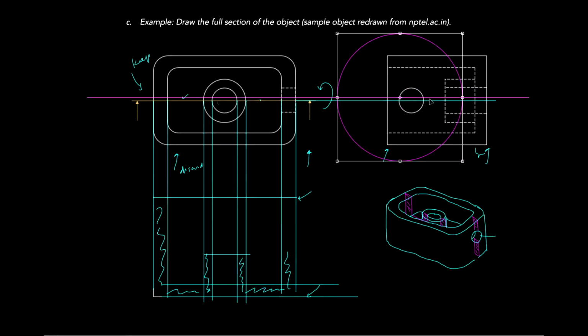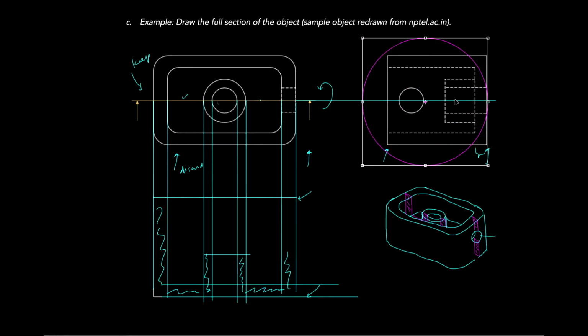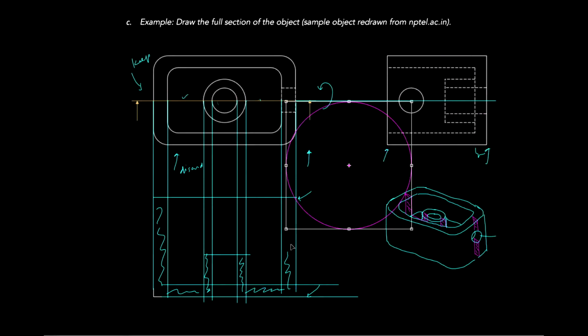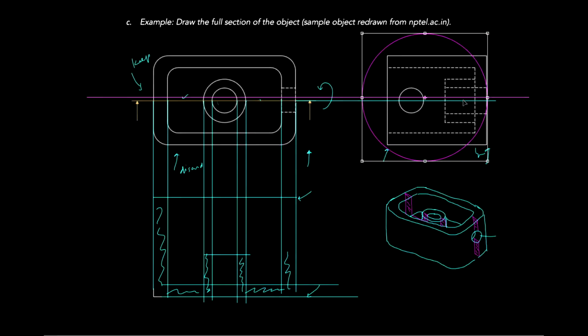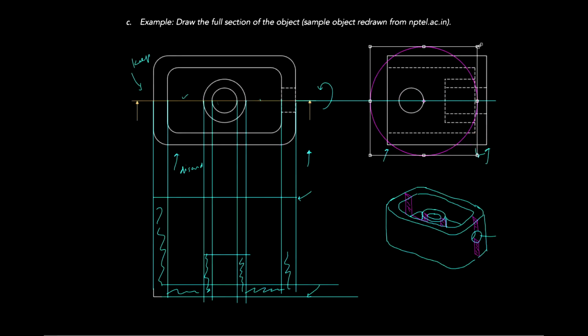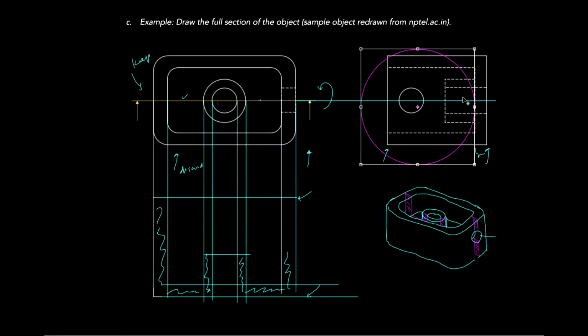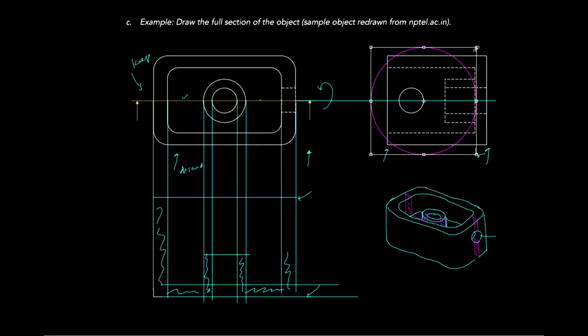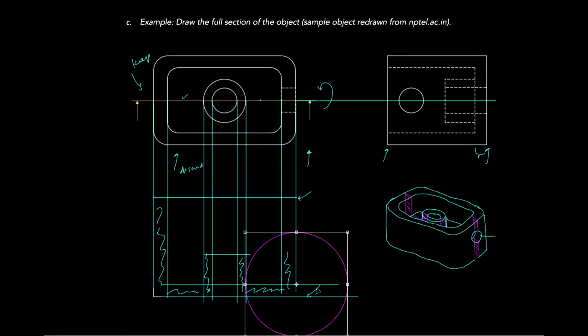Saan to measured? This is measured from the base, no? From the base. Dapat ang ginawa natin is from the, dito na lang. Kasi yun yung may available lines tayo, no? So, from here.